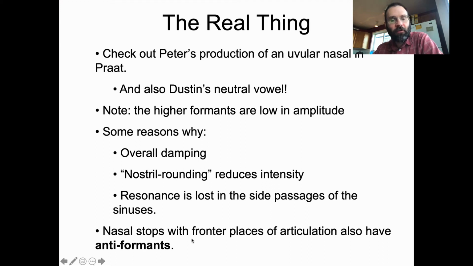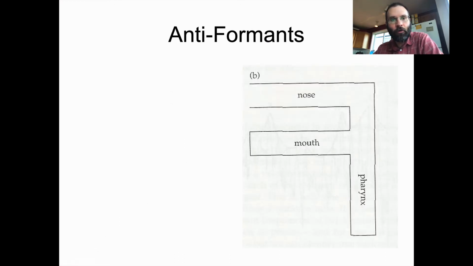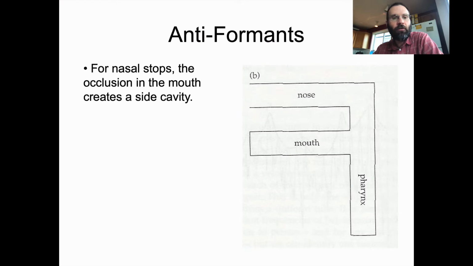This, however, is only true of nasal stops with fronter places of articulation than the uvula, because you need to create basically an anti-resonating tube to get anti-formants. So there's no tube for air to get lost in when you produce an uvular, at least in the ideal case, because you're blocking off the passageway into the mouth when you create an uvular closure right here.